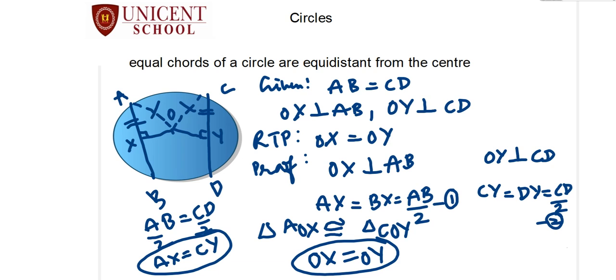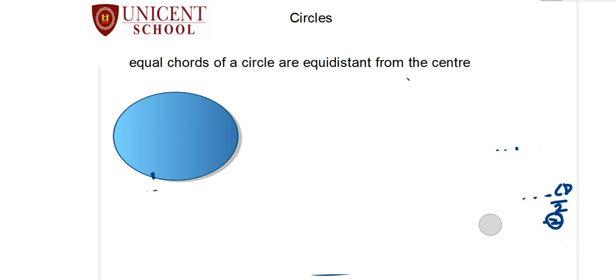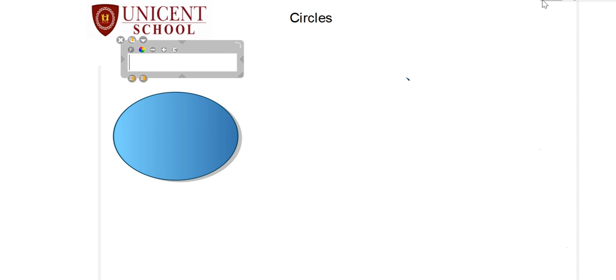So, let us take the next theorem. The next theorem states that chords equidistant from the center of a circle are equal in length.